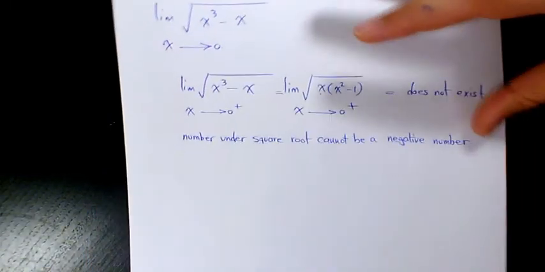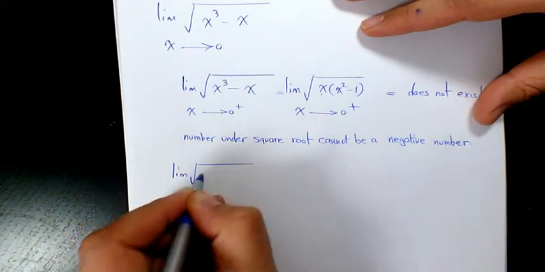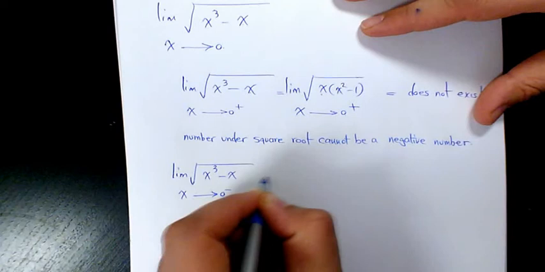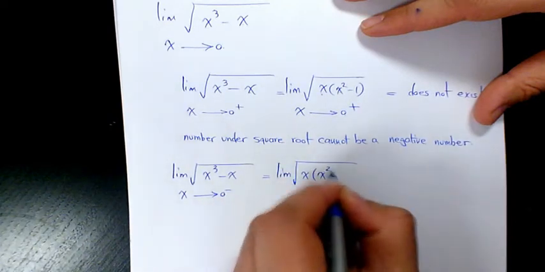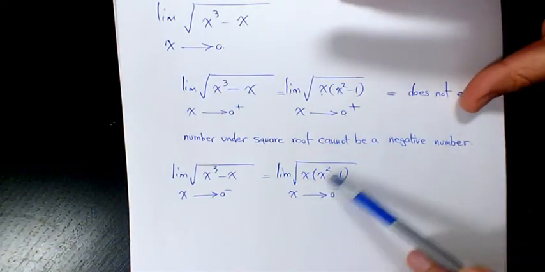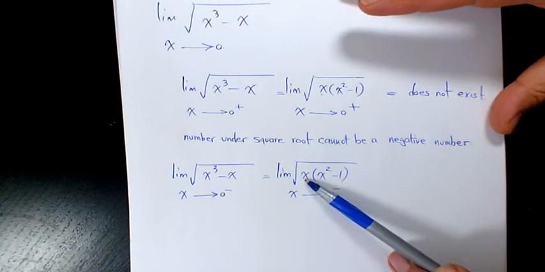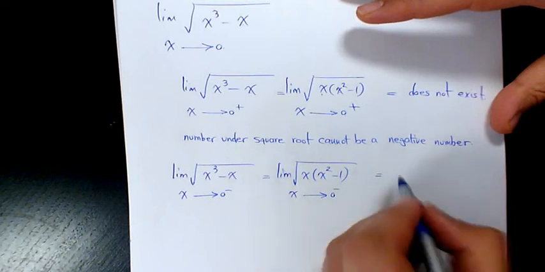On the other hand, if we have the left limit, still this number is going to be negative 1, and here is going to be a negative number, so negative times negative is going to be positive.